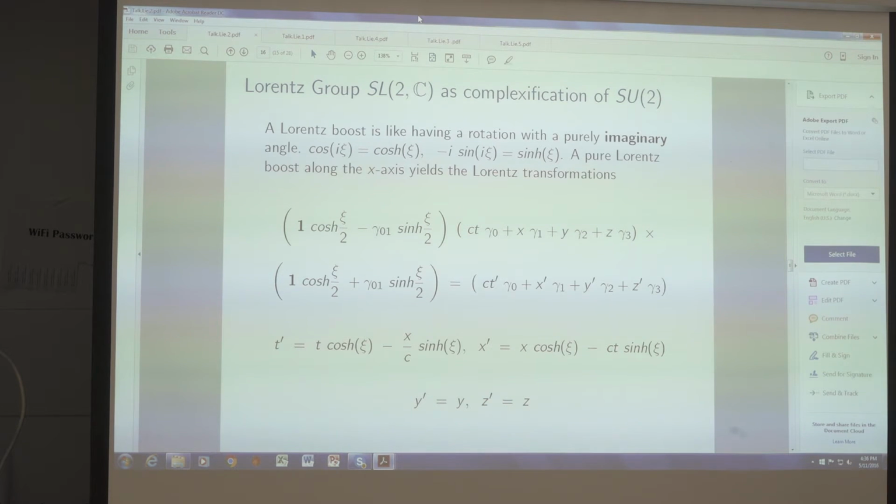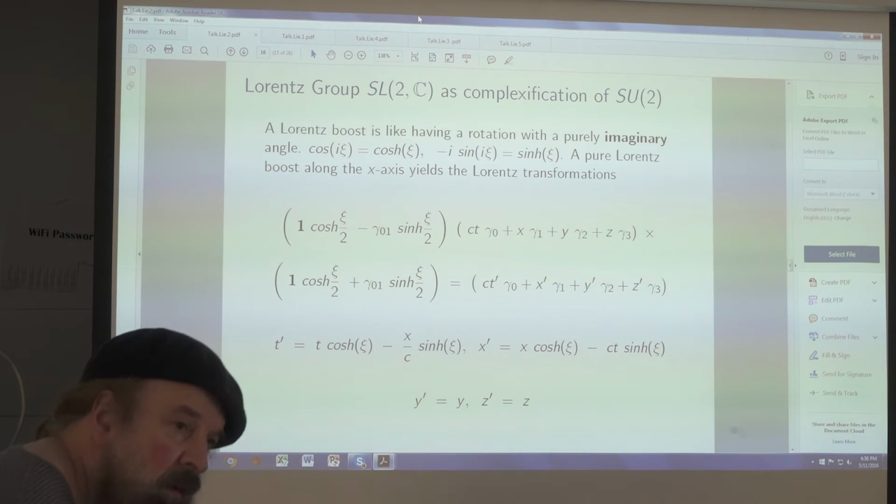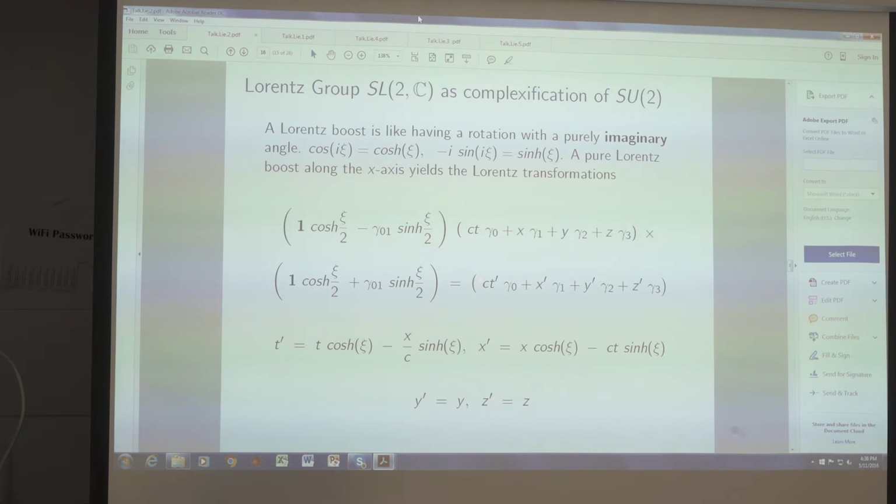So you performed a rotation. Yes. I want to stick with the rotation. You performed a rotation on a vector in Minkowski space, which is your ct gamma naught bar. Yes. And you got the Lorentz transformation. So physically, how do I relate a rotation to that? Well, from the Clifford algebra point of view, it is straightforward. This is a Clifford vector, and this is a Clifford rotor.